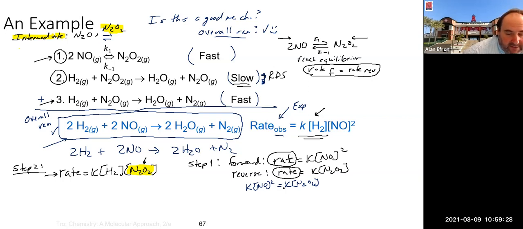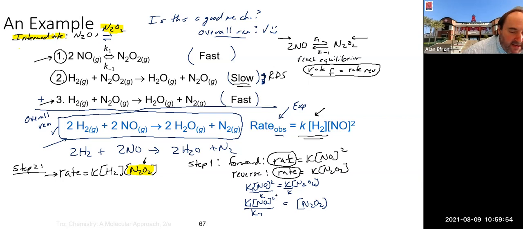So to do that, we're going to divide K to both sides. And that would get us that the concentration of N2O2 would equal K times NO squared divided by K. If you want to be really specific here, this was K1 and this is K minus 1.